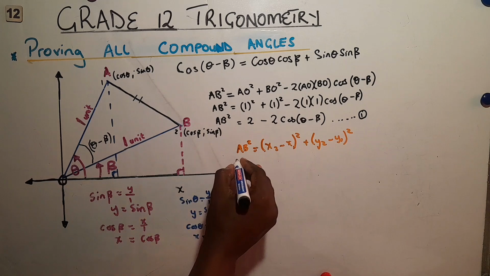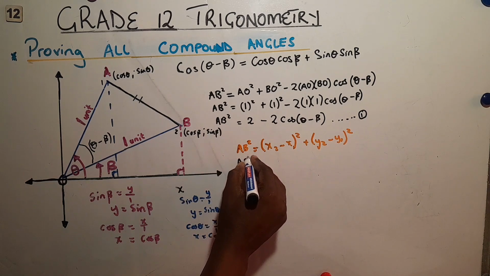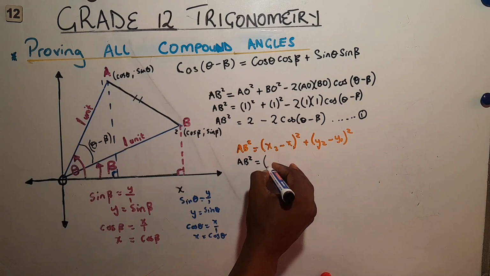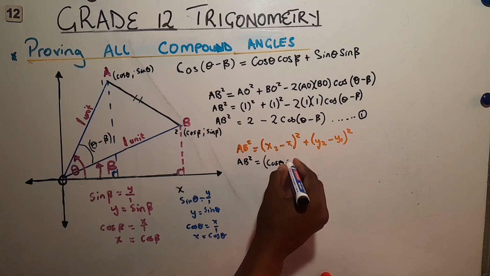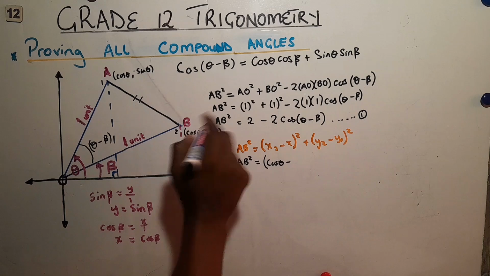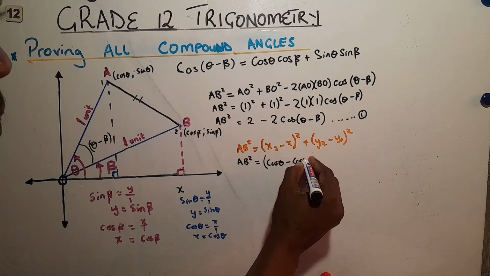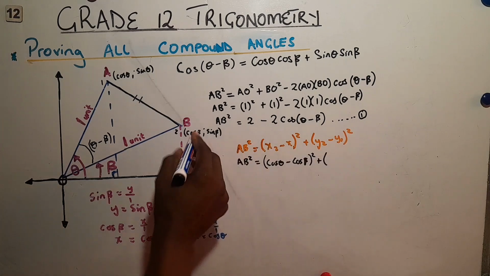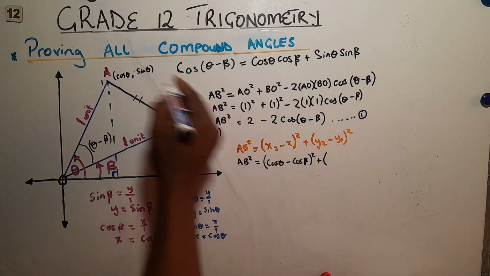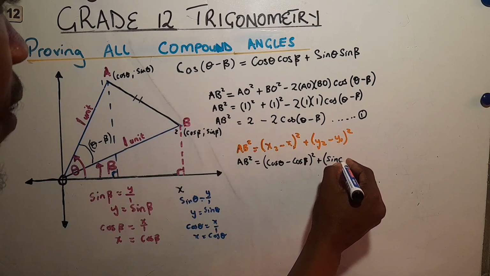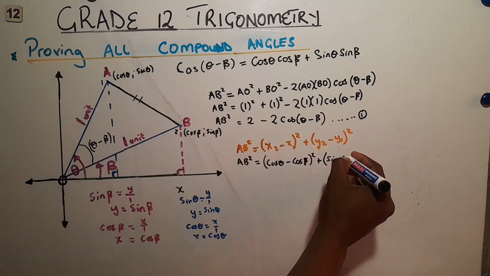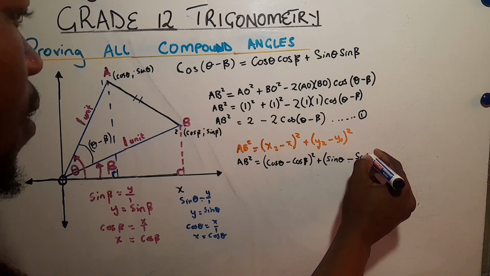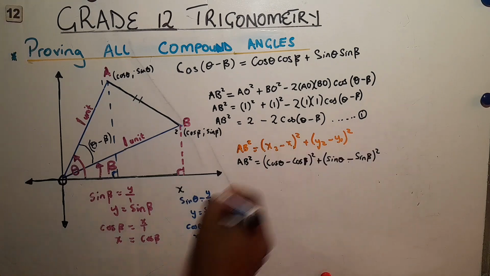So AB squared has the x value there, cos theta, minus cos beta, squared, and then plus the y value, sine of theta minus sine of beta, squared, right?